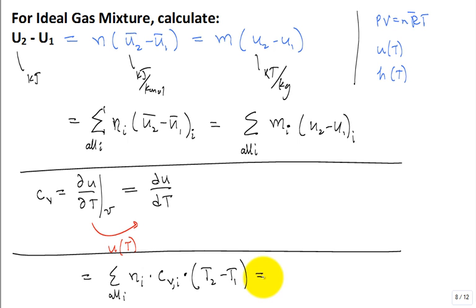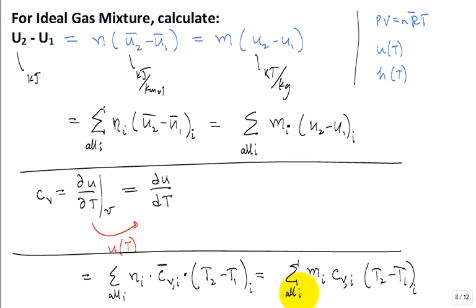There's a C sub V bar I need right there because I'm doing it on a molar basis. Let's do it for the mass basis. It's also equal to the sum of the amounts in mass times C sub V for that component times T2 minus T1. This is all for that component, over all the i's in that mixture.